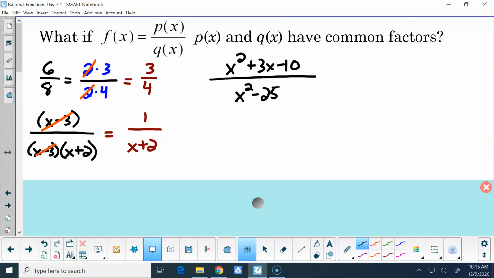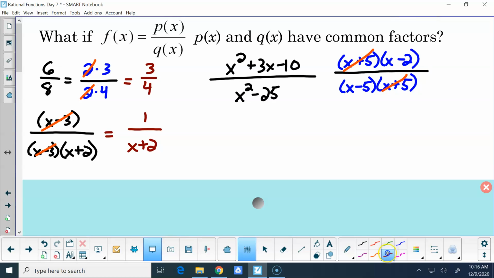Well, the top is x plus 5 and x minus 2. The bottom is x minus 5 and x plus 5. And then the x plus 5 cancel out, leaving me just with x minus 2 over x minus 5.